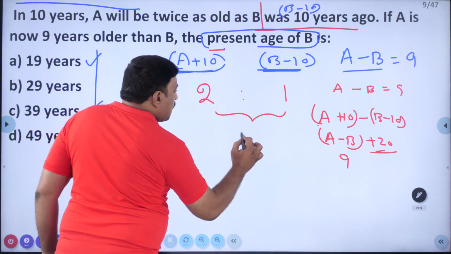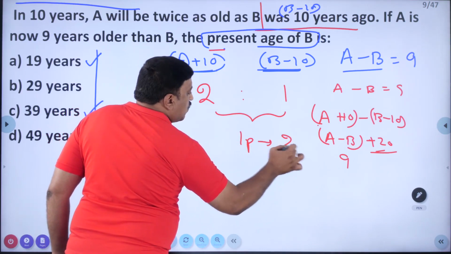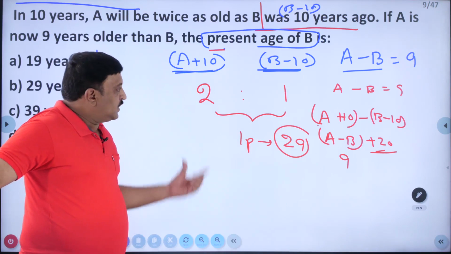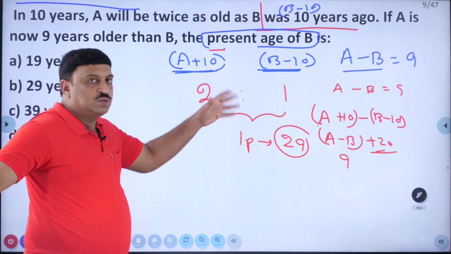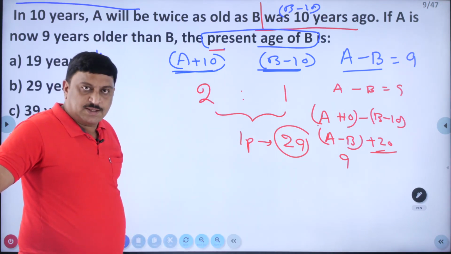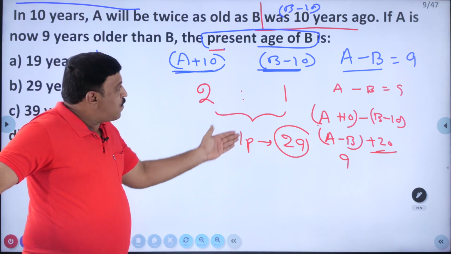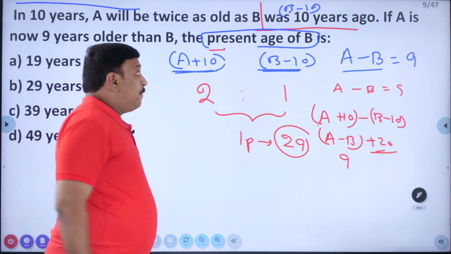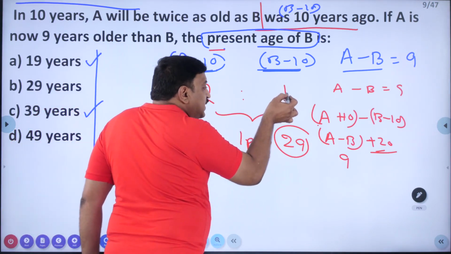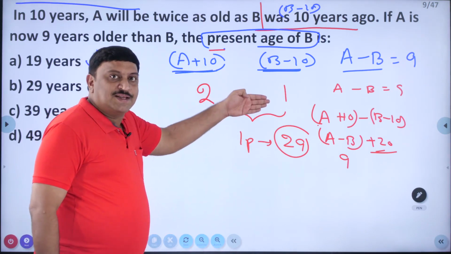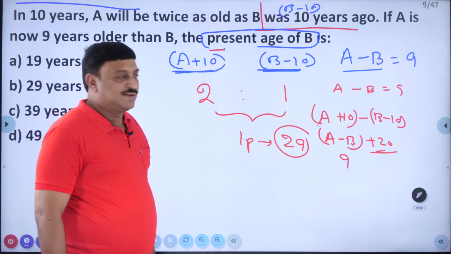So this one part equals how much? 29 years. This difference is in between these two, this one and this one. One part is 29. But it is nothing but B minus 10. This one part is nothing but B minus 10.